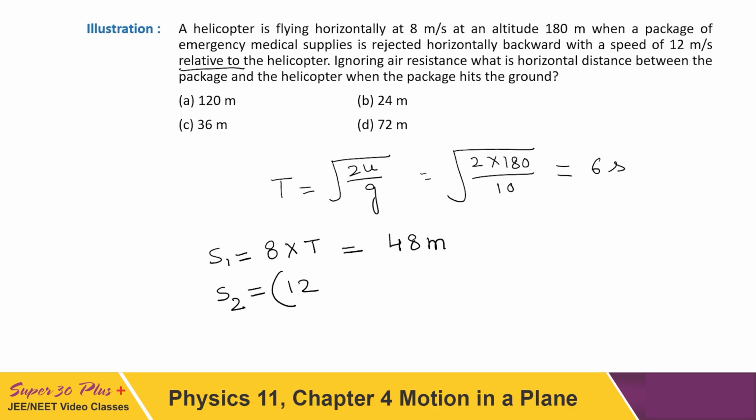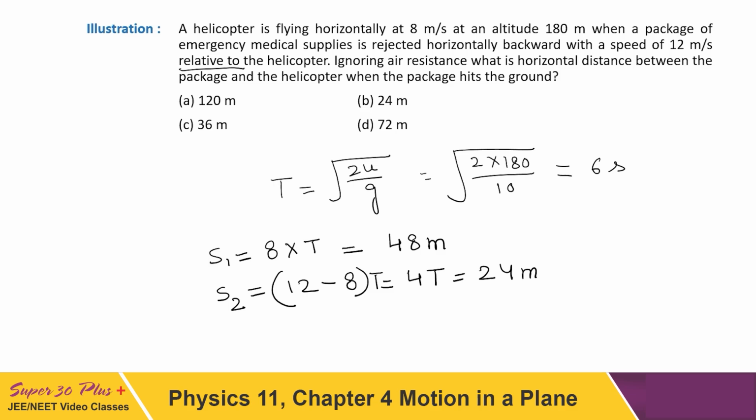But the package has been thrown in the backward direction. So if 12 is written with a positive sign, a negative sign has to be used for the velocity of the helicopter, as they are in opposite directions. So this value will be equal to 4 multiplied by t. On substituting the value of t, it will be 24 meters.